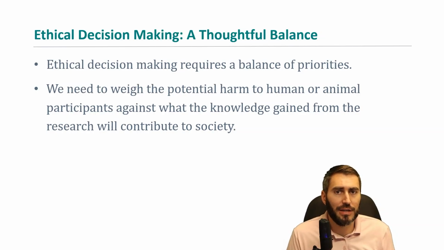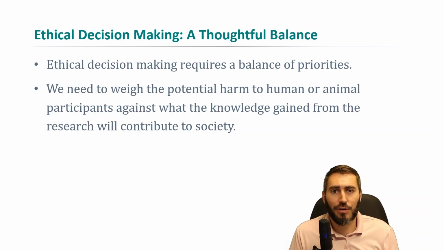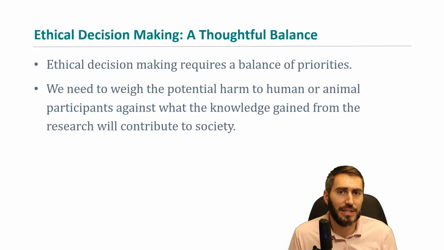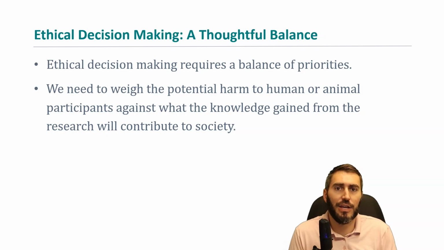But generally speaking, the number one thing is to follow those core principles, but also to think about how we minimize risk as much as possible, and how we maximize potential benefits and knowledge gained. Some of the core components and the main things we can do to achieve this are things like informed consent, using minimal deception and less when necessary, and providing debrief forms and debriefing participants about the study at the end.